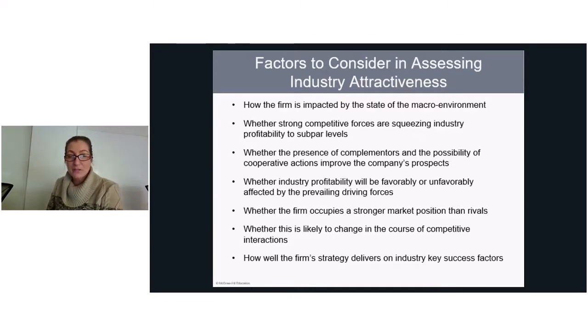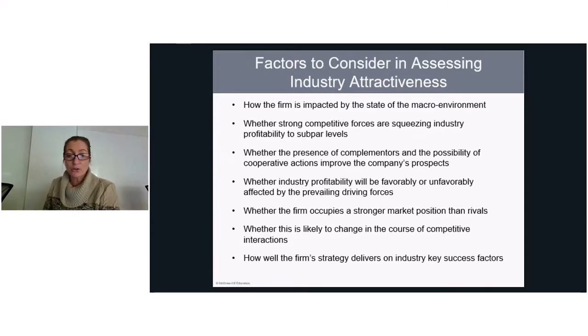So this is going to help us assess the industry attractiveness, whether industry profitability is favourable or unfavourable according to what forces we've analysed, whether the firm occupies a stronger market position than the competitors, and whether this is likely to change in the course of competitive interactions.